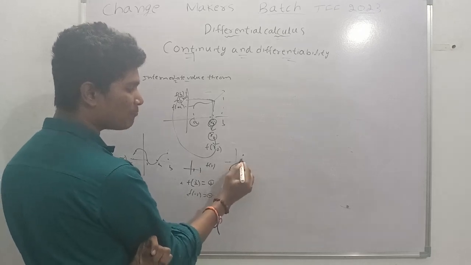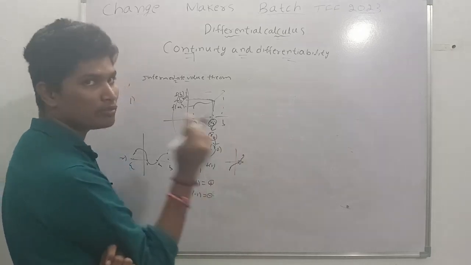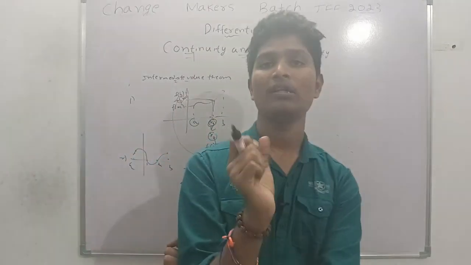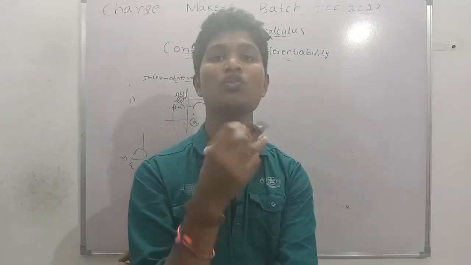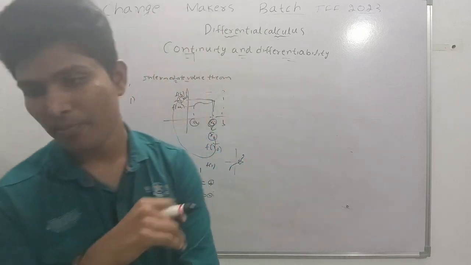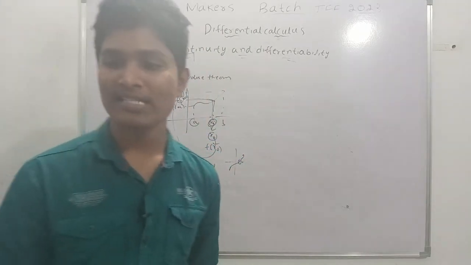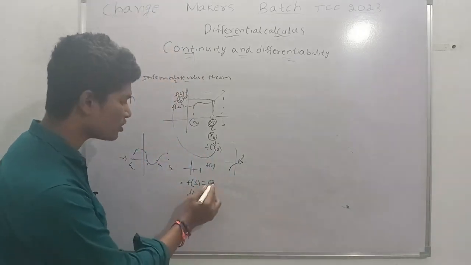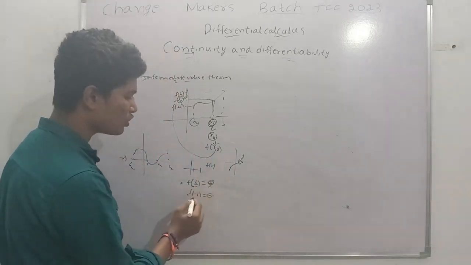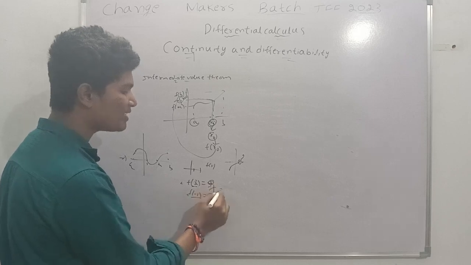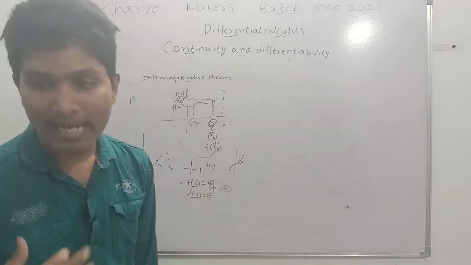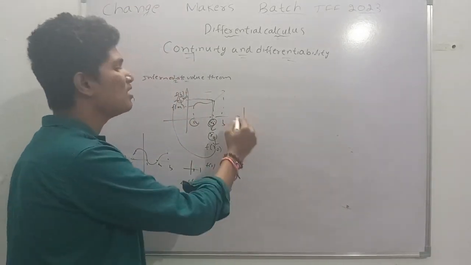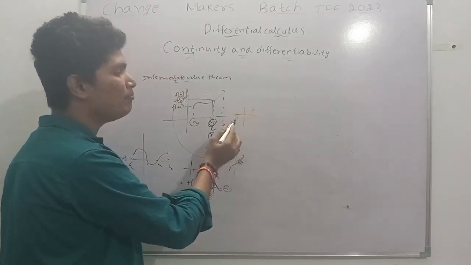When we join them, there must be a point. That is, there must be a root for this equation. So this intermediate value theorem helps us to find that root. It is very important. The statement is: if f of x is continuous on [a, b] and f of a times f of b is negative, here f of 2 is positive and f of minus 1 is negative, and when you multiply them you get negative, then there definitely exists a root.